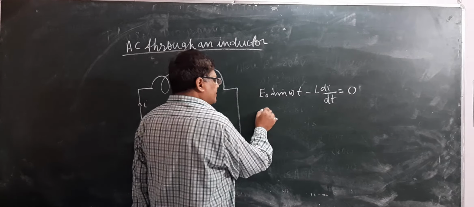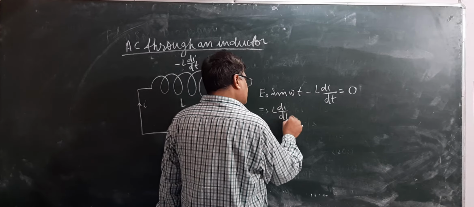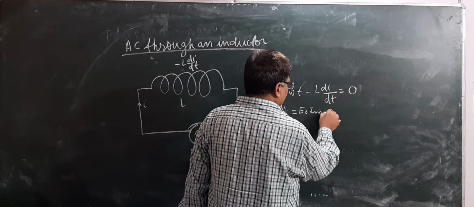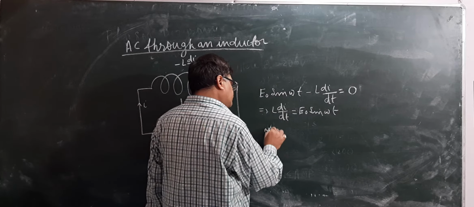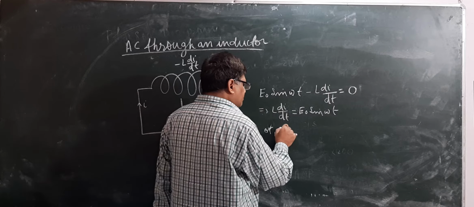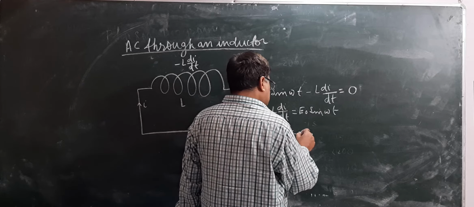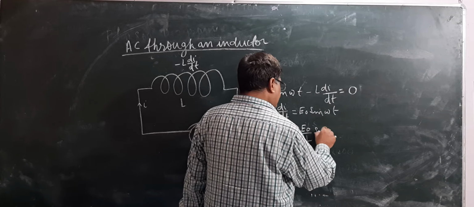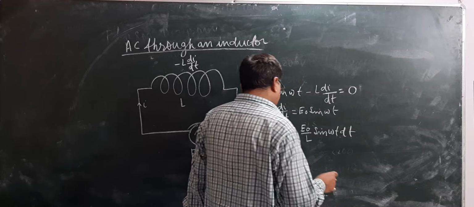So from here we can write that L di by dt is equal to E0 sin omega t, or we can write di is equal to E0 by L sin omega t dt.